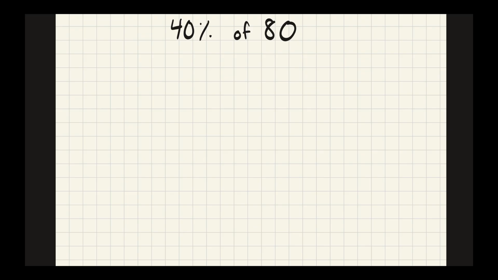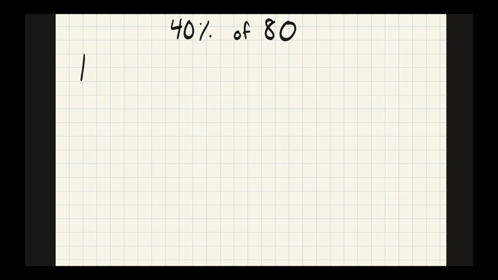So, to start, I like to break it up into smaller percentages and then multiply it out. I'll show you what I mean. So, to find 40% of 80, keep in mind you can do this in your head, but I'm just writing it out. First, I would find 10% of 80.